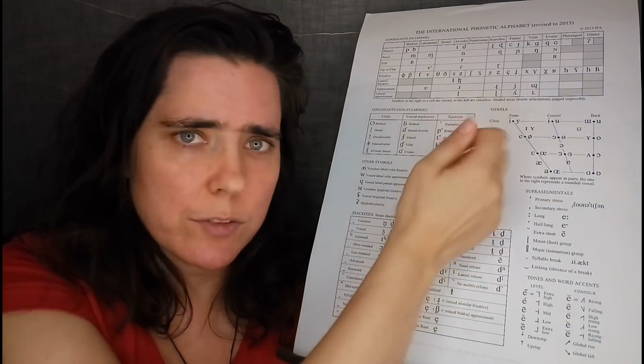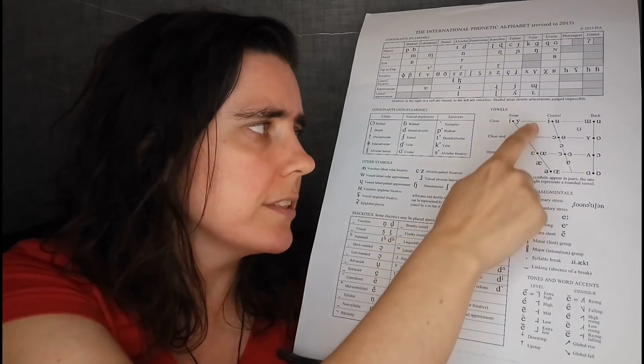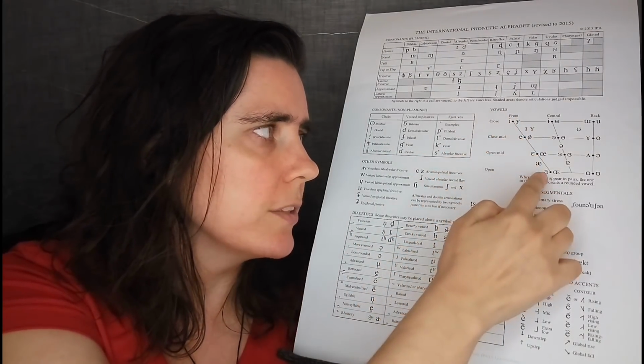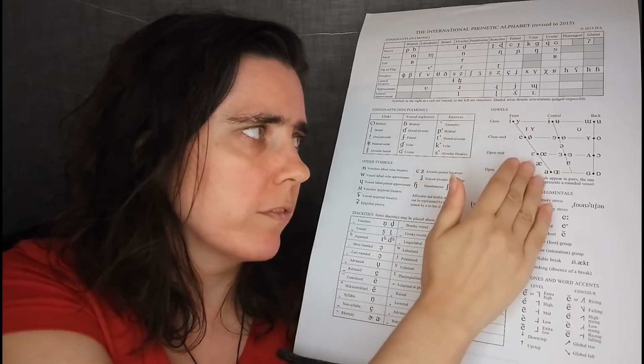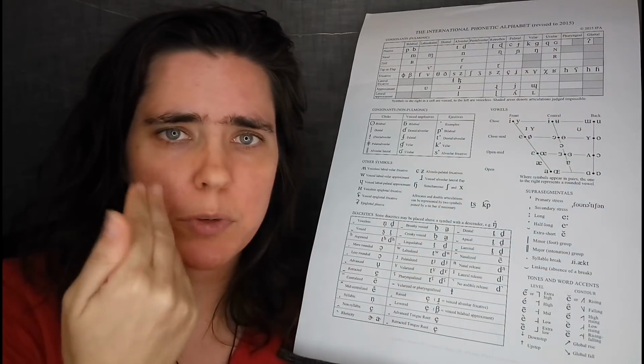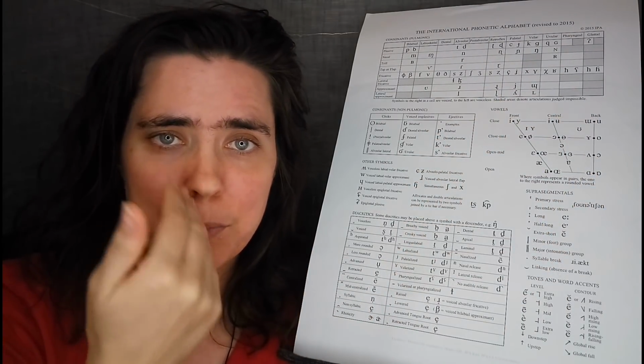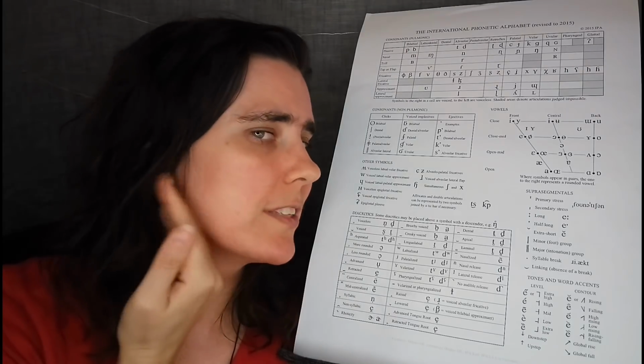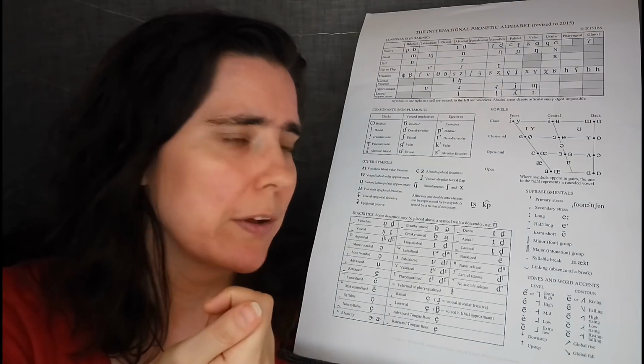So your face would be this way, so your tongue being the closest to your mouth are these ones. So that's what front is, and then we have central, which is kind of down the middle of your mouth, and then towards the back is your back vowels.